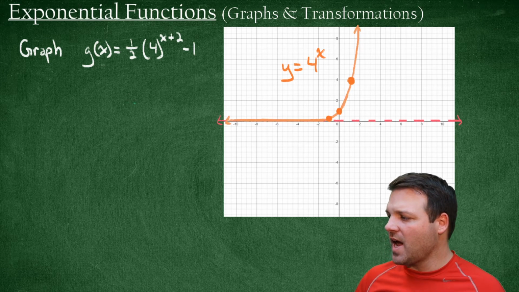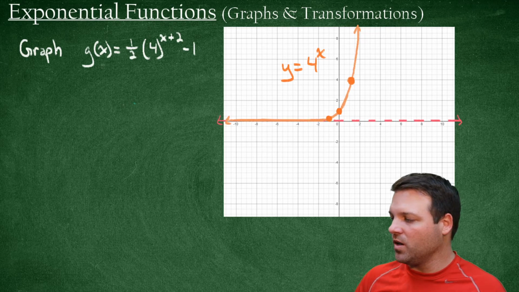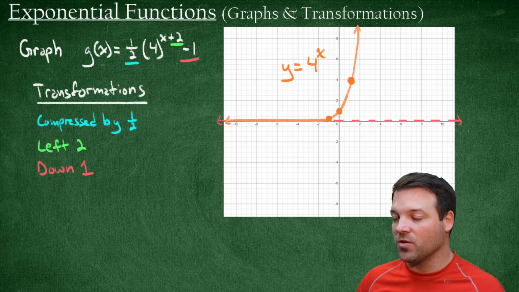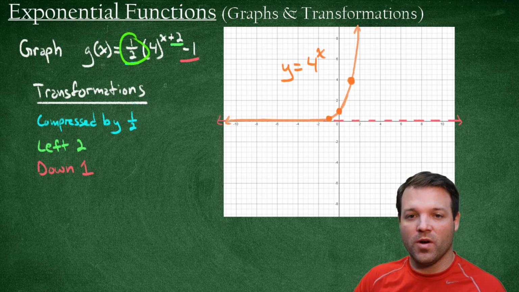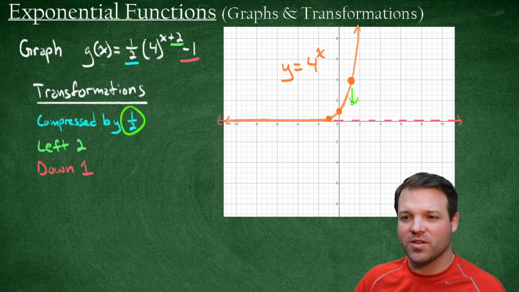All right, now that I know what the parent function is going to look like, I need to think about what all of these transformations in this graph are going to do to the function itself. So for transformations, I have a value of 1/2 for a, which means it's going to compress this whole thing. All of these points are going to get compressed down by 1/2.